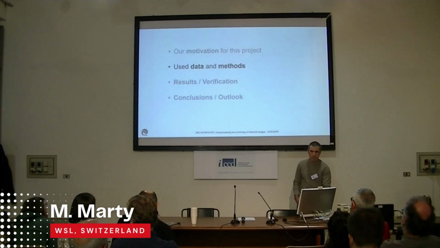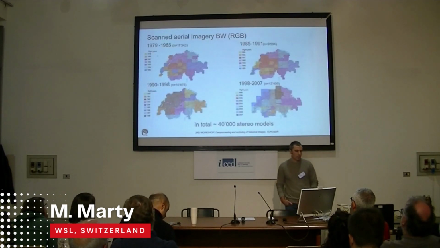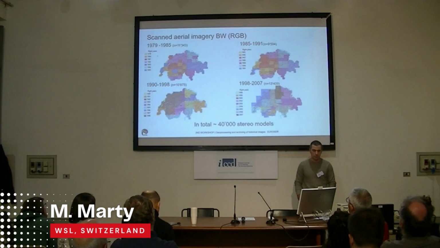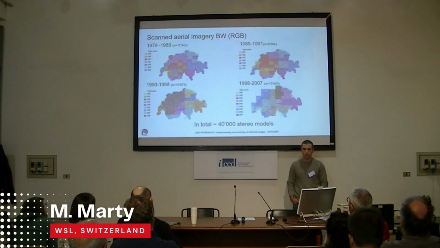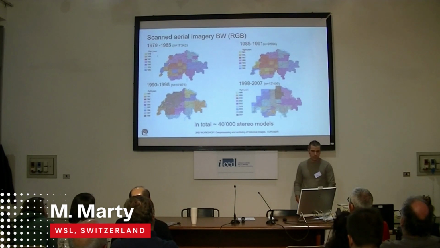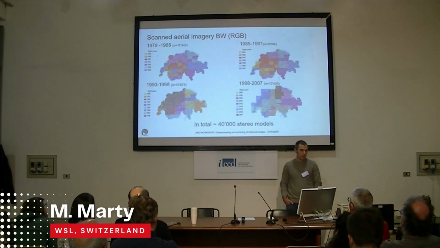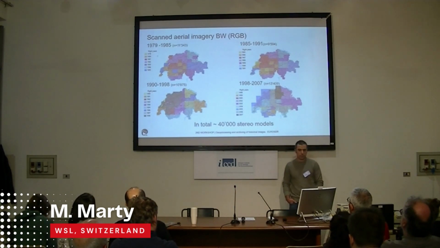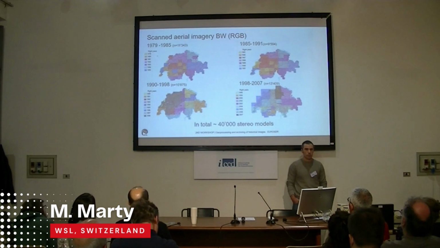Now, the data we have available at the moment at WSL, these are 4 complete acquisitions of Switzerland. They were acquired by Swiss Topo. They date from 1979 to 2007. This amounts in total to about 40,000 stereo models.